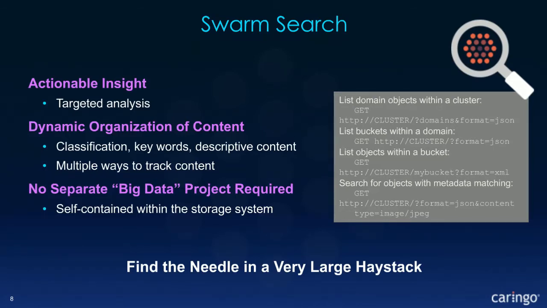This is a bit of a quick review too. We've talked a lot about these points, but it's worth coming back to them. With the right metadata, objects become actionable. They also enable a dynamic organization of content. When you include enough metadata on an object, you can use big bucket strategies to find things.